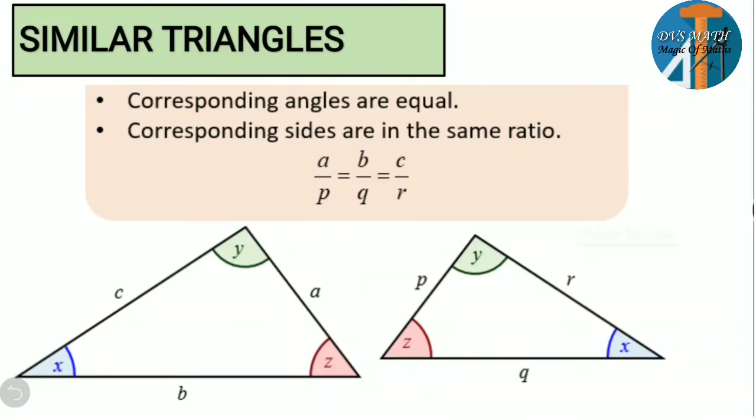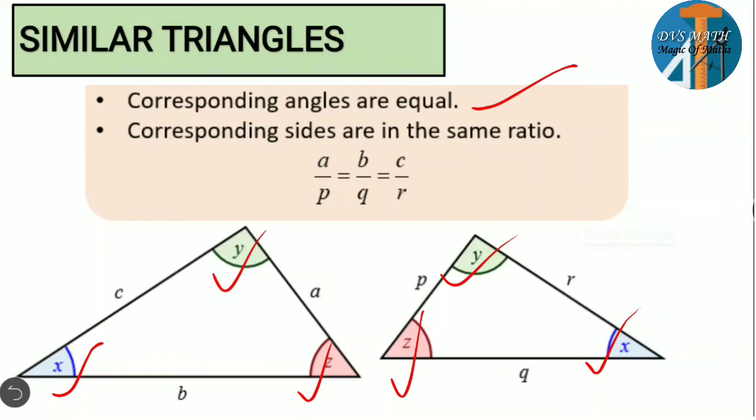One is that corresponding angles are equal, the same condition we gave for polygons. So angle X is equal to angle X here, it is just turned, and angle Z is equal to angle Z, Y to Y. So if you compare the angles of these two figures, the first condition is that corresponding angles are equal.